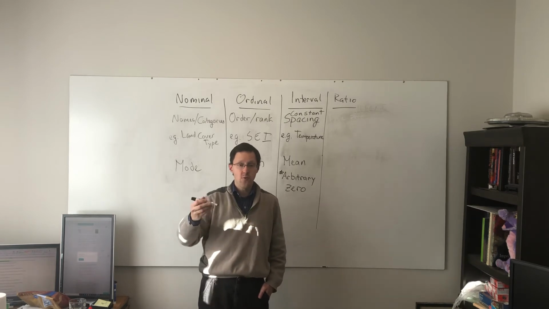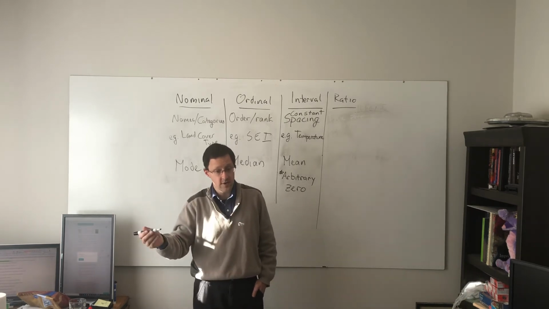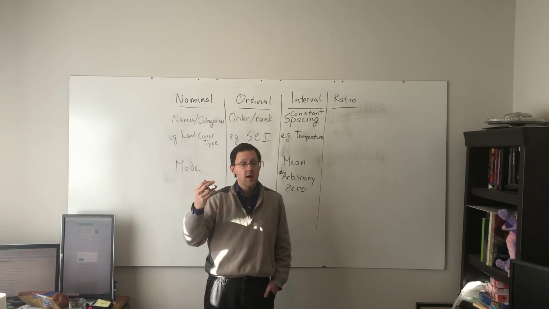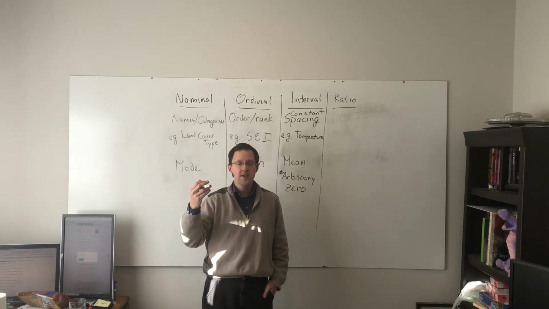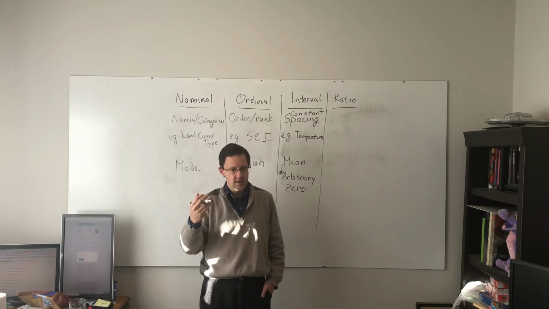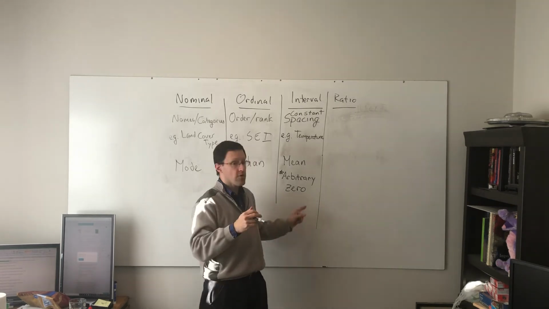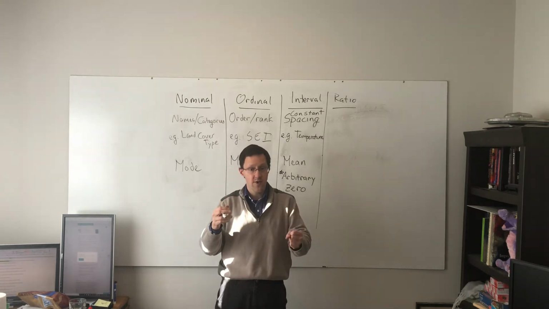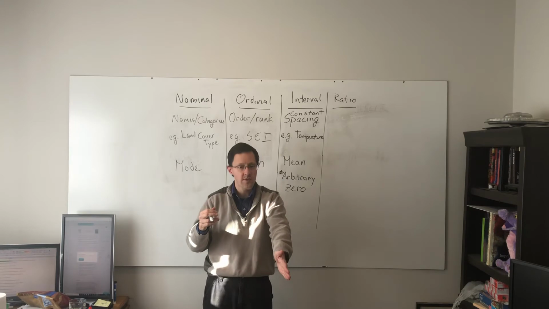Likewise, the difference between 40 and 60 is an additional 20 degrees. That's why it's interval. That is consistent. I cannot say 40 degrees is twice as warm as 20 because 0 is arbitrary. There is no inherent meaning behind 0 degrees Fahrenheit other than just sticking a number on the scale.